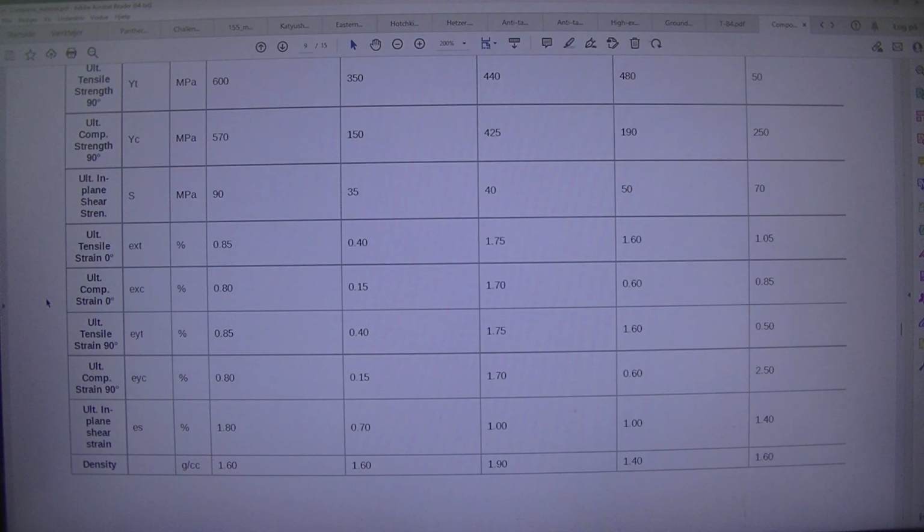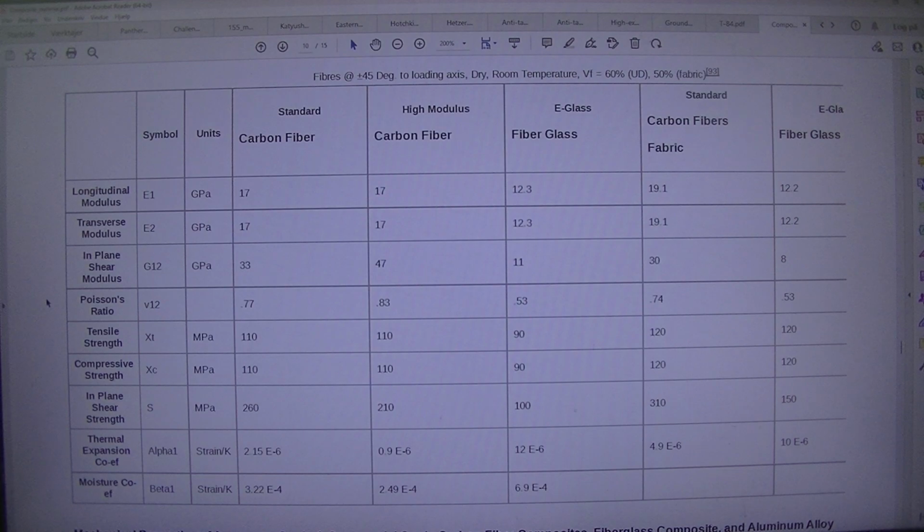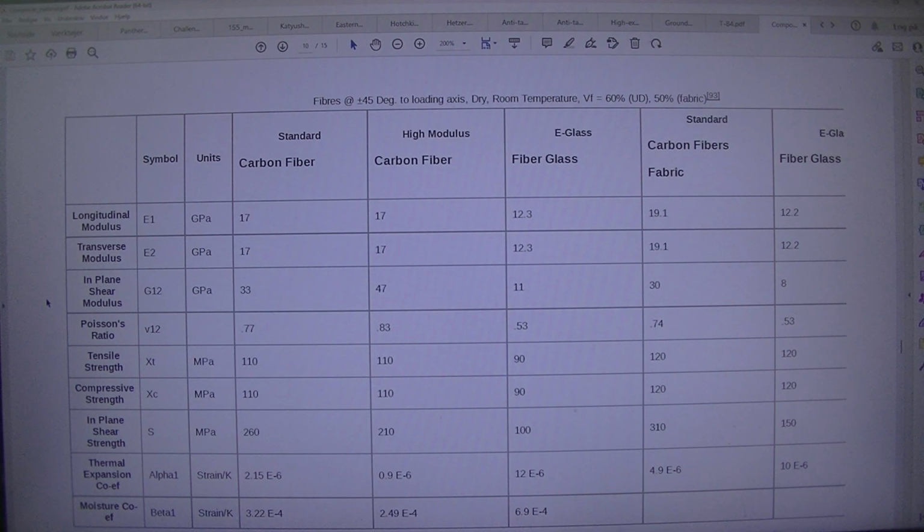1.80, 0.70, 1.00, 1.00, 1.40. Density, g/cc: 1.60, 1.60, 1.90, 1.40, 1.60. Fibers at plus or minus 45 degrees to loading axis, dry, room temperature, VF equals 60%, UD, 50% fabric.